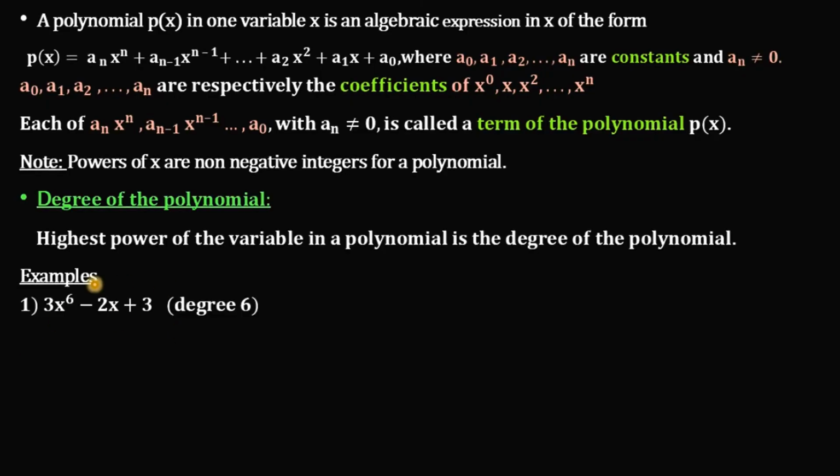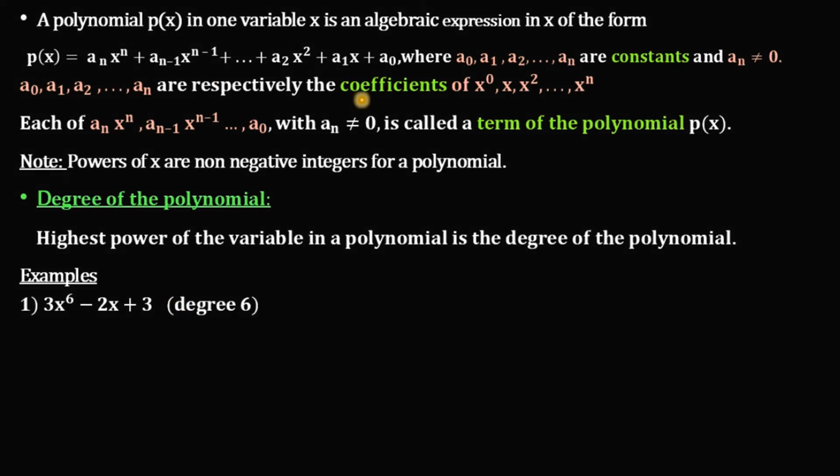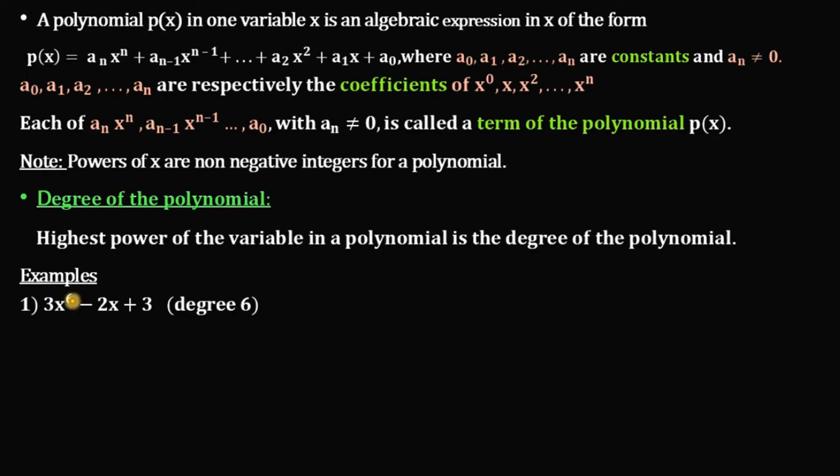what is the degree of this polynomial? So, at first check whether it is a polynomial or not. So, it is of this form, that is a_n x raised to n. Instead of n, we have here x raised to 6 minus 2x plus 3. Okay. What is our condition here? At least one of the a_n not equal to 0.